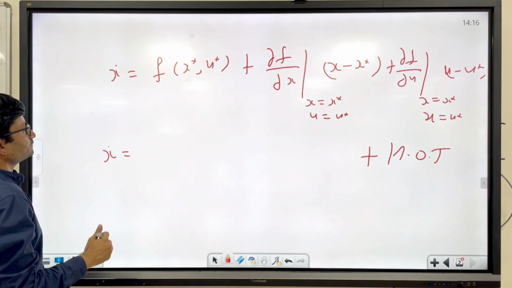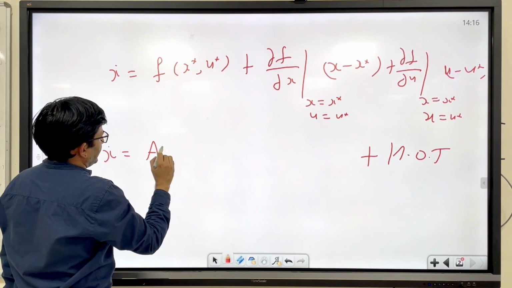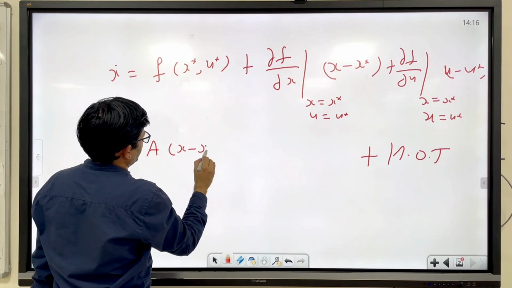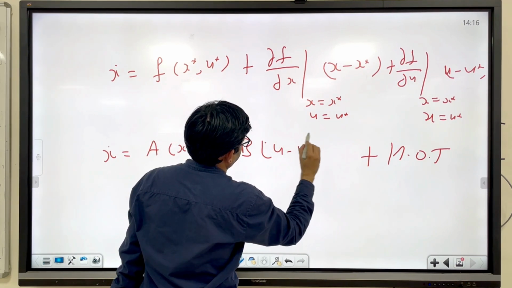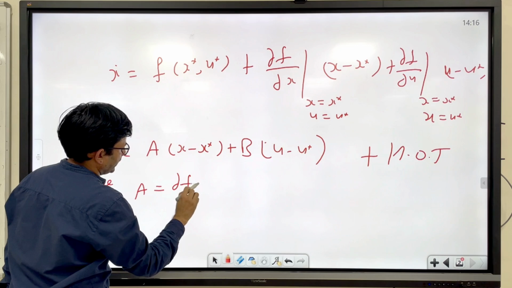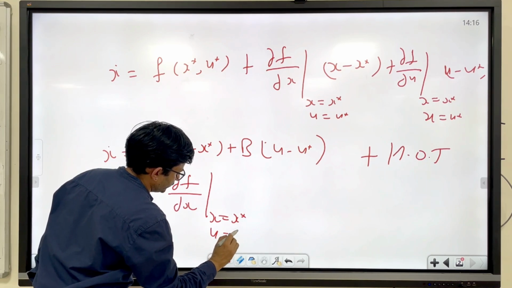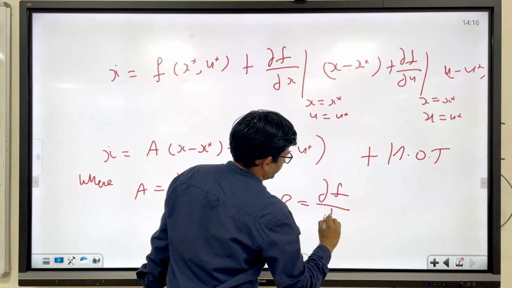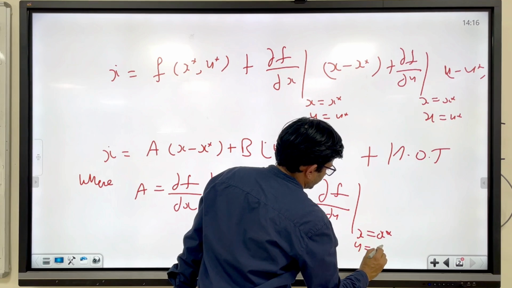Okay. So now this can be written further as x dot equal to A into x minus x star plus B into u minus u star, where A is dou f by dou x evaluated at x equal to x trim value and u equal to u trim value, and similarly B is dou f by dou u evaluated at x equal to x trim and u equal to u trim.